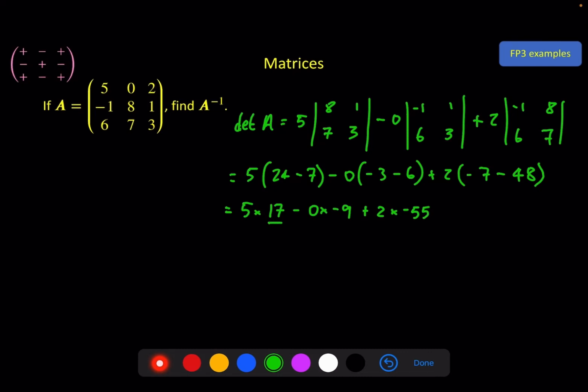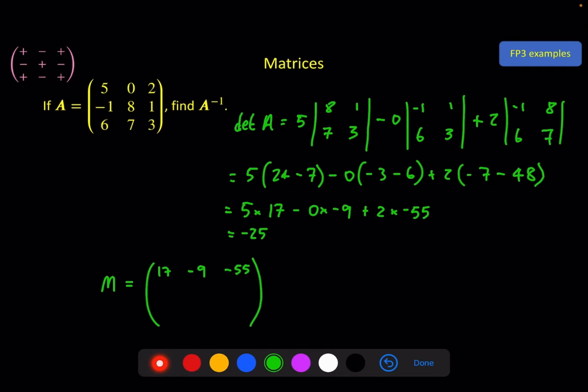So these 3 numbers are 3 of my minors, so it's worth noting those to one side. The determinant then, put that on my calculator. Gives me -25.